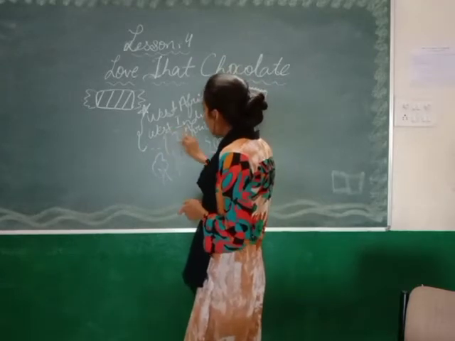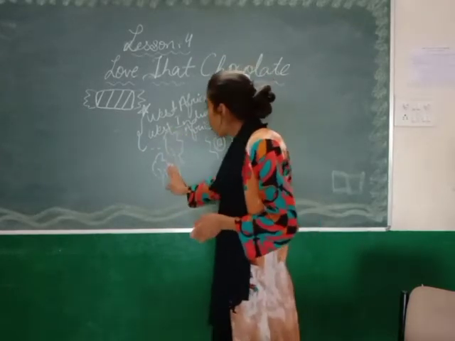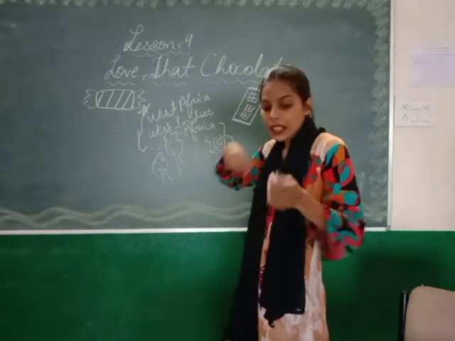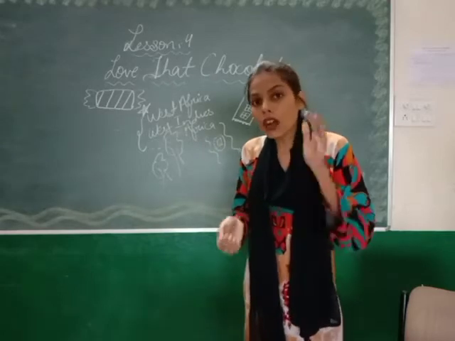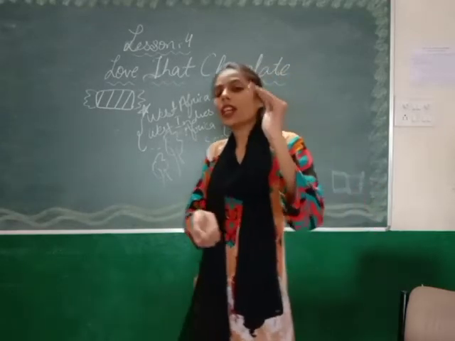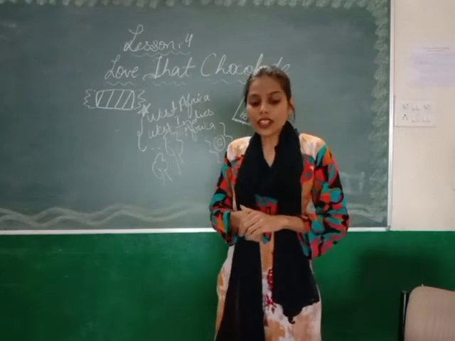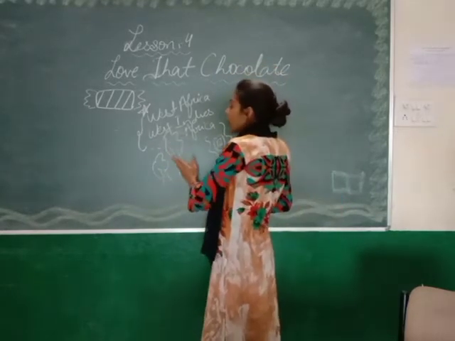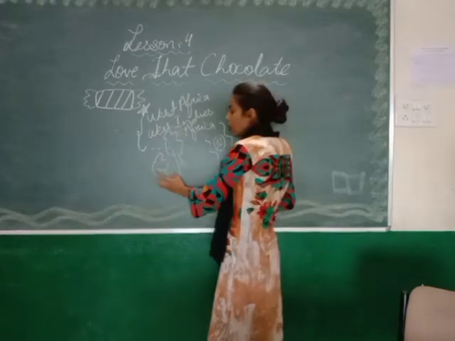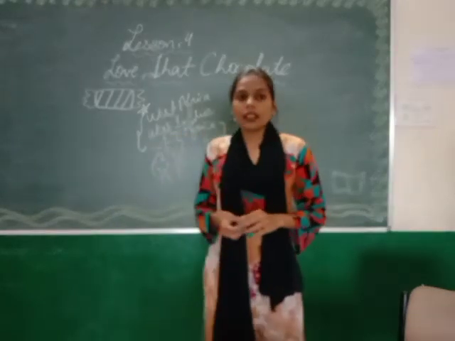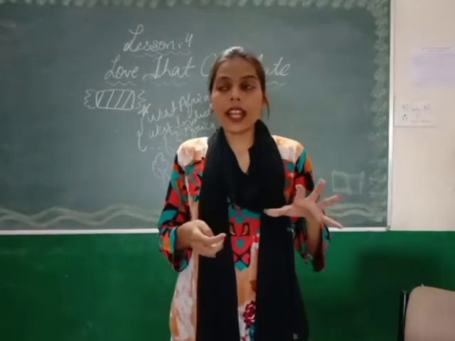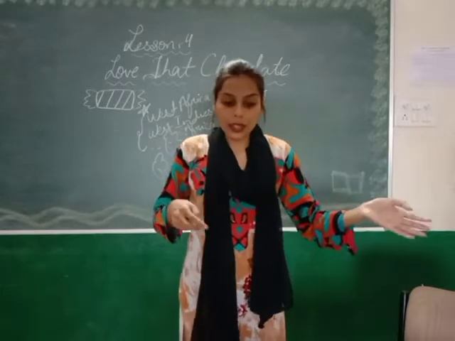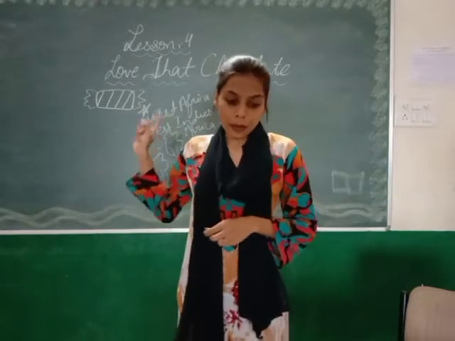A big tree is planted nearby it, so this cocoa tree gets shelter from the big tree. The young cocoa trees, meaning small cocoa trees, need shelter because they are very delicate. They can't take direct sunlight and direct wind. If they get direct sunlight and wind, they get blown away. So they are protected by big trees.